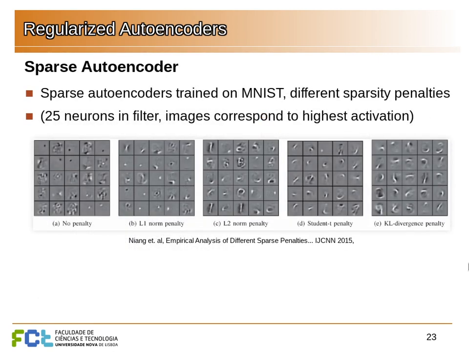So this is also an example where they have trained the sparse autoencoder on the MNIST dataset. This is a dataset of handwritten digits, the one that we're going to use today.